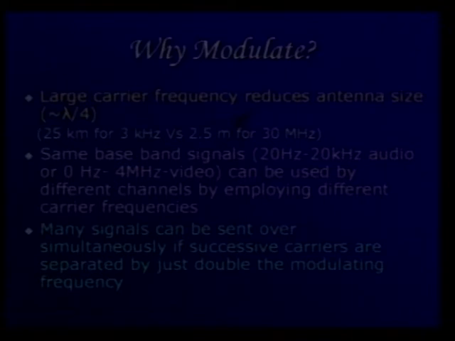Another speaker's baseband voice signal is being modulated on a carrier frequency which is different and assigned for the Gyan Darshan 1 channel. So now we could distinguish the same baseband signals because we have two separate carrier signals. And this is an excellent example of how the most efficient communication can take place.